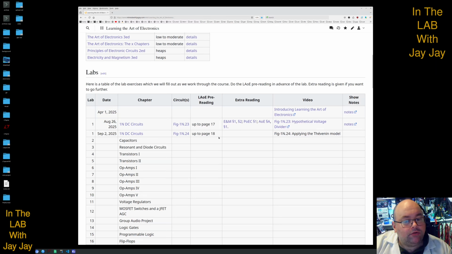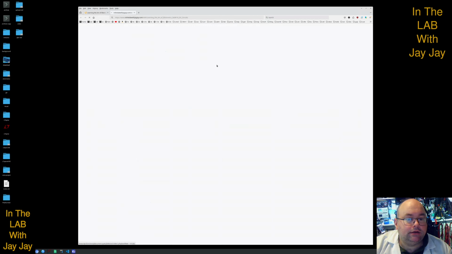If you want to do the pre-reading for today's material, if you want to follow along in the textbook, then read up to and including page 18. We'll be going through the notes for that in just a minute, but I certainly recommend you get yourself a copy of the book and have a read up to page 18, which is where we're up to in our notes. So I'm going to jump over here to DC circuits.